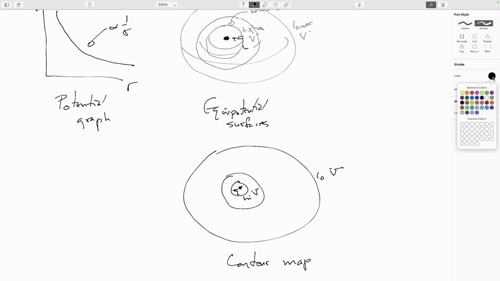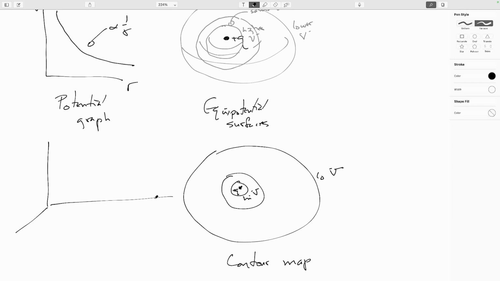Now, another one that you see sometimes, it doesn't show up a lot unless you are having a computer draw it for you, is you might take whatever plane we cut through here to get this, and instead plot the voltage as a function of, say, X and Y like this, and you'll get something that looks like that.